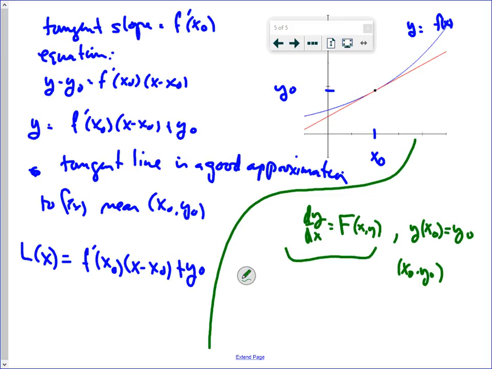What we're going to do is construct an approximate solution using this idea. Because we know dy dx, if I know a point, I can construct a tangent line that's close to the honest to goodness solution. I'll go out that tangent line a little bit, then I'll construct another tangent line.